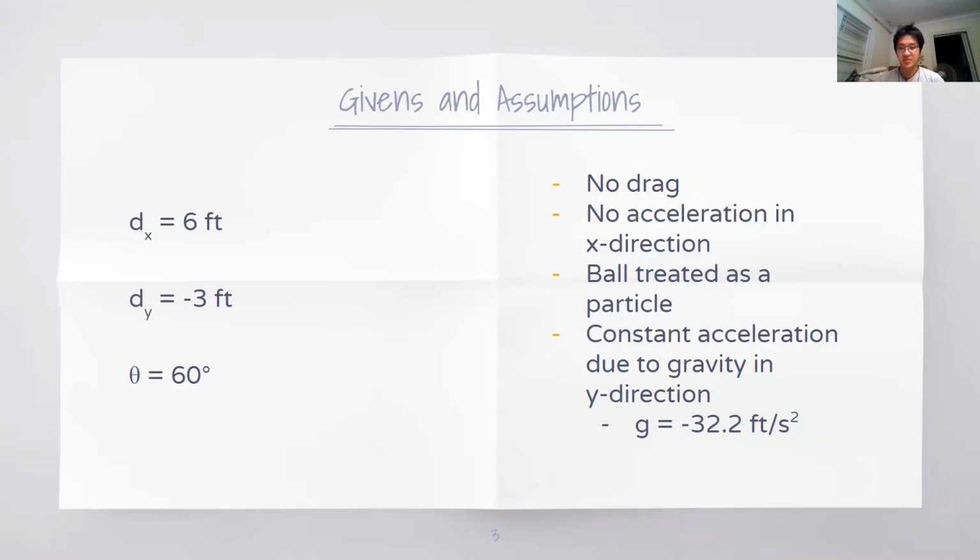And then we also got to treat the ball as a particle just to make things simpler and not have to deal with real life objects. And then we also have a constant acceleration due to gravity in the Y direction. And since we are in feet and we're doing feet per second squared, it is -32.2 and not the SI units of -9.81.